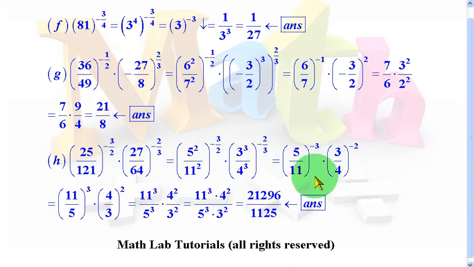And over here we can probably use the flip change sign law to convert those exponents to positive exponents, which is essentially what I wound up doing. So you flip the fraction, change the sign, you get 11 over 5 to the power of 3. Flip the fraction, change the sign, you get 4 over 3 to the power of 2. A little bit easier dealing with positive exponents rather than negative exponents.